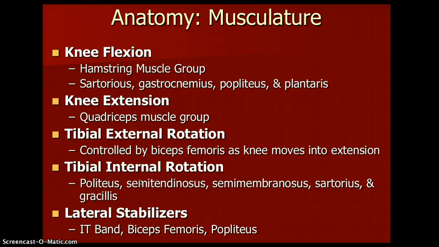So the other thing to look at is the musculature around the knee. Here we have the movements of knee flexion and extension are the ones that can be controlled, and then external rotation, internal rotation, and the lateral stabilizers. Those are all just movements that the musculature that are noted under them will control. So, for example, the biceps femoris, which moves the knee into flexion, also controls tibial external rotation.